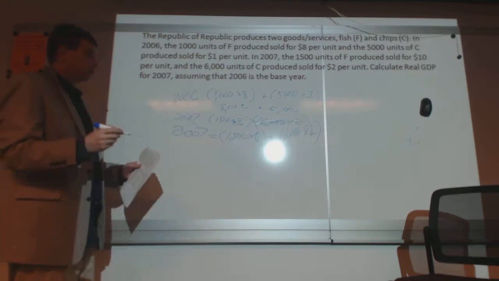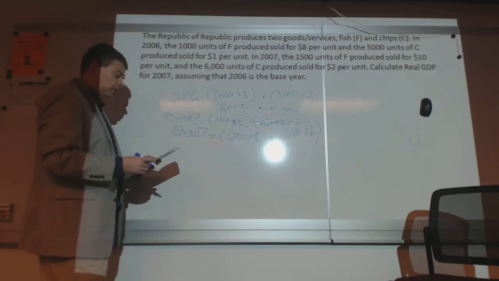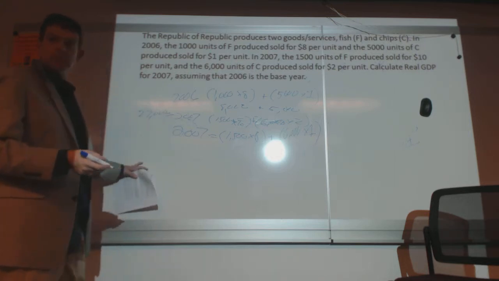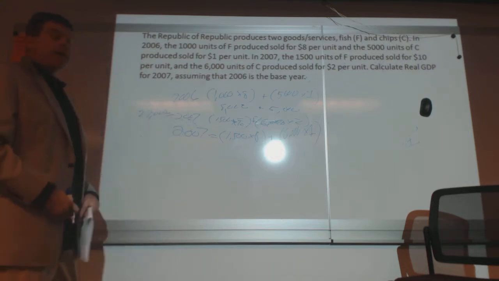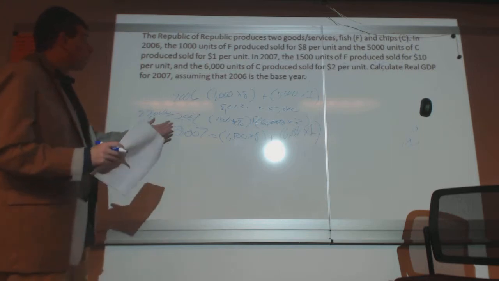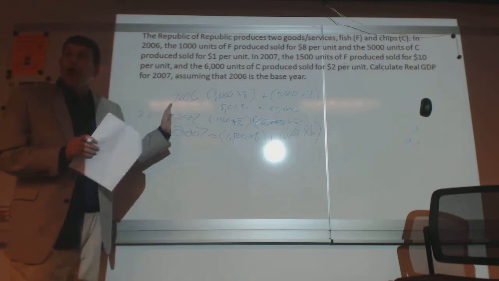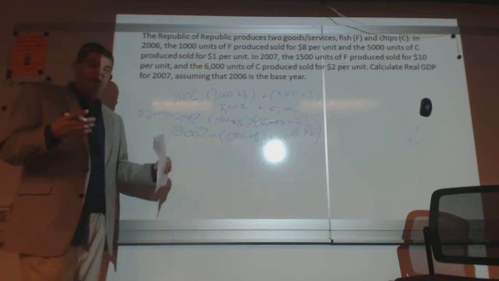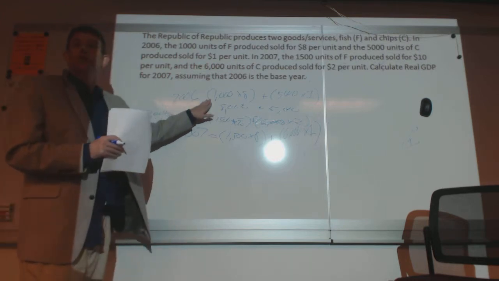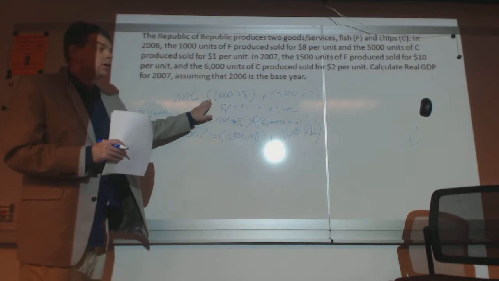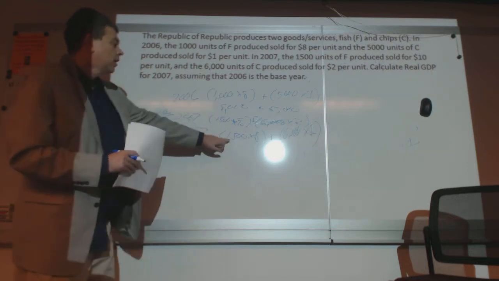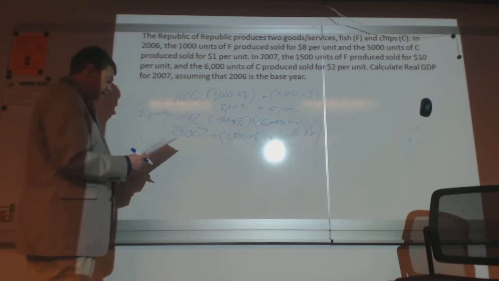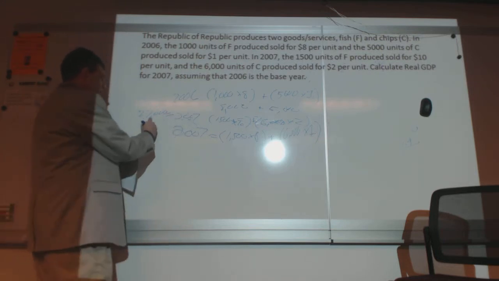Nominal GDP in 2007 for this particular country was $27,000, right? But so that would look like, wow, what a big increase, right? But it's not that big. It's still an increase. But in order to figure out relative to prices in 2006, you go back to those prices and you multiply it out this way, and you would have gotten, in fact, do the math, 18,000.